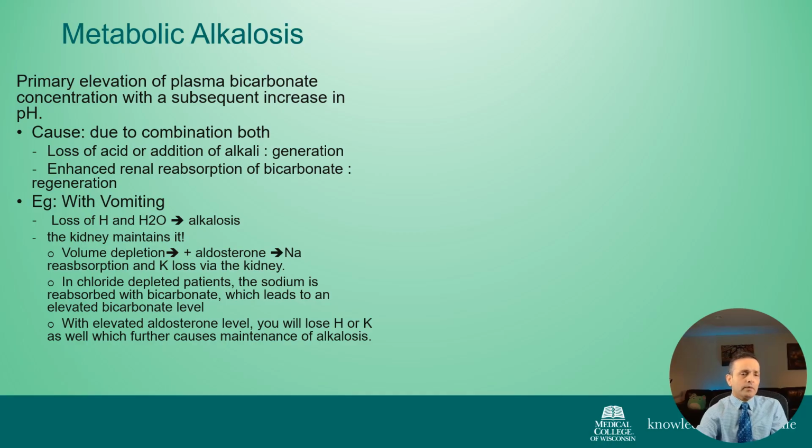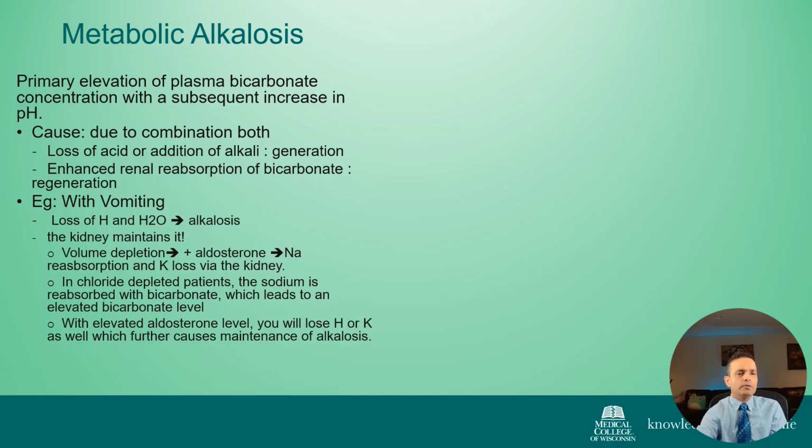So, in a chloride depleted patient, in the proximal convoluted tubule, rather than chloride, it is the bicarbonate that gets absorbed. So that's what happens in the proximal tubule. On the other hand, in the distal convoluted tubule, your patient is going to lose more hydrogen ion and potassium. So you started alkalosis from the mouth by vomiting.